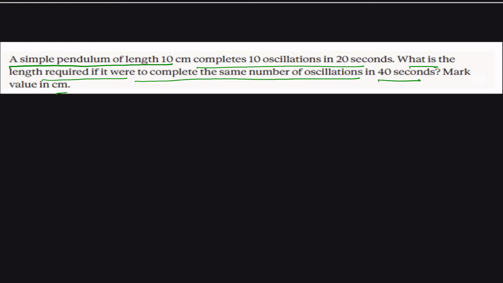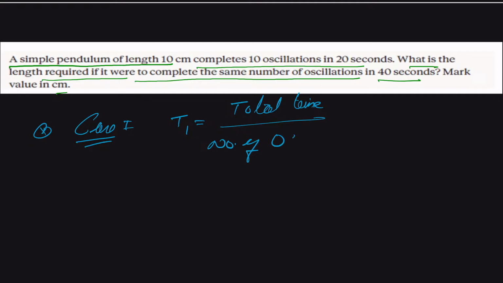So in the first case, let us call the time period T1, which will be equal to total time over number of oscillations, which is 20 upon 10, giving us 2 seconds.